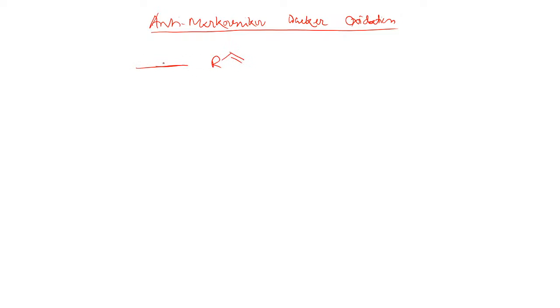Okay, another question was the anti-Markovnikov Wacker oxidation. And this we discussed in the class, that if you have the olefin and you do the normal Wacker for this terminal olefin, you get this methyl ketone, the Markovnikov product.